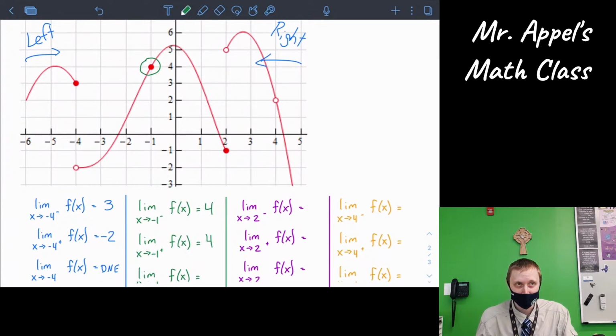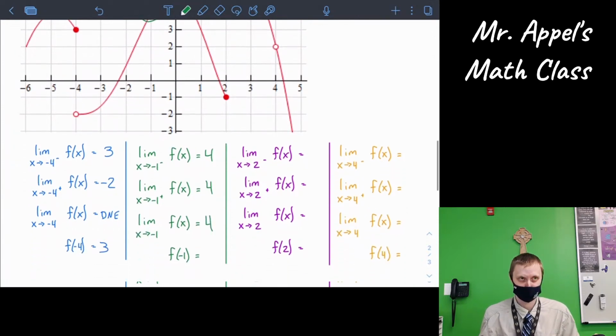Both sides meet, both sides agree. I got 4 and 4 both times, therefore the limit is 4. Also, the function of -1 is defined here, it is 4. So this one, everything matches up.